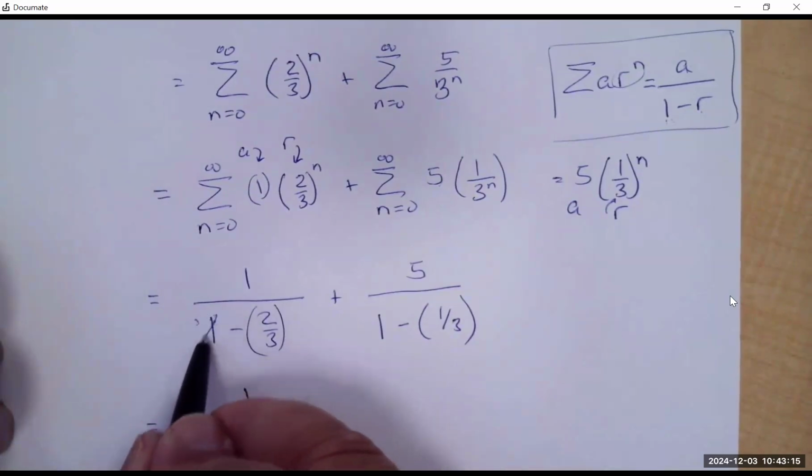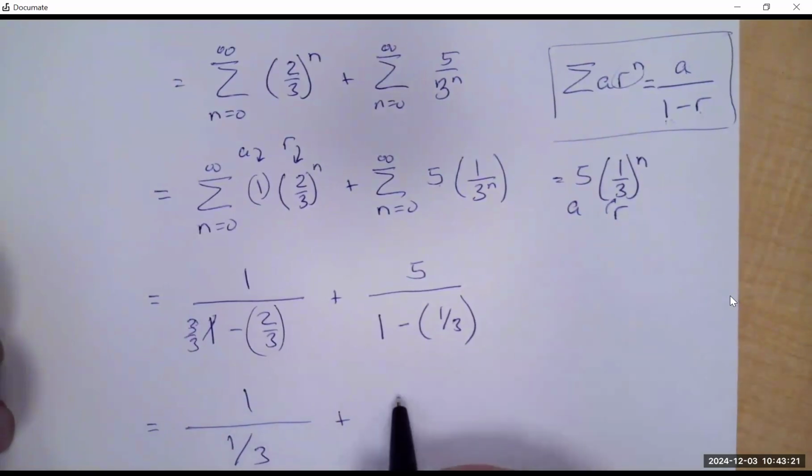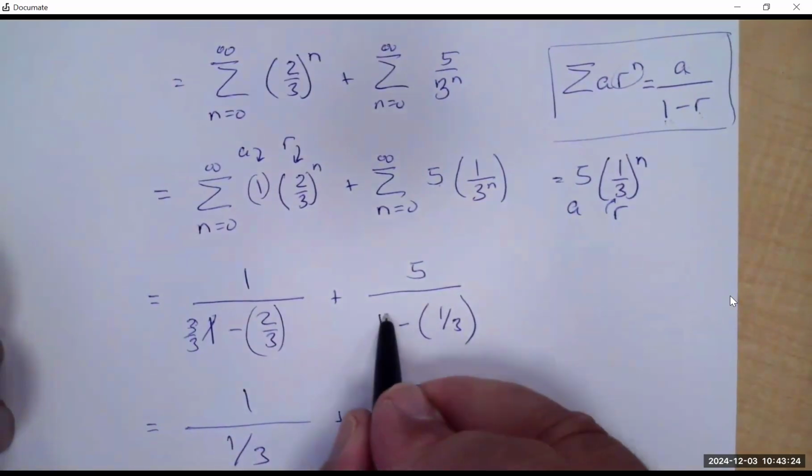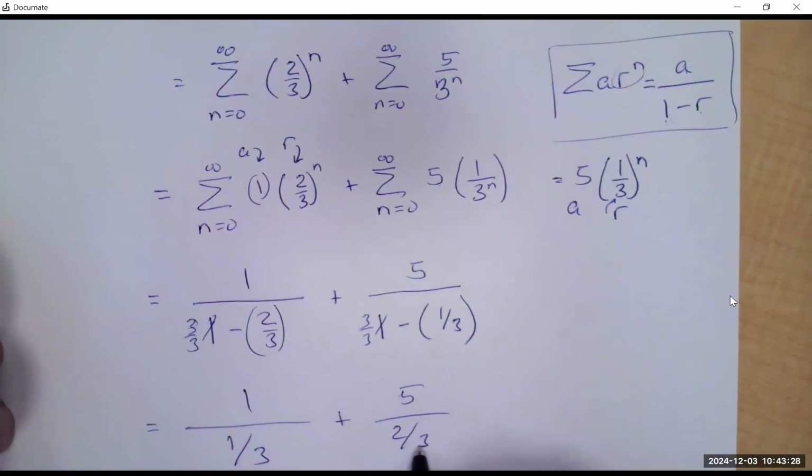One is the same thing as 3 over 3. 3 over 3 minus 2 over 3 is 1 over 3. 3 over 3 minus 1 over 3 is 2 over 3.